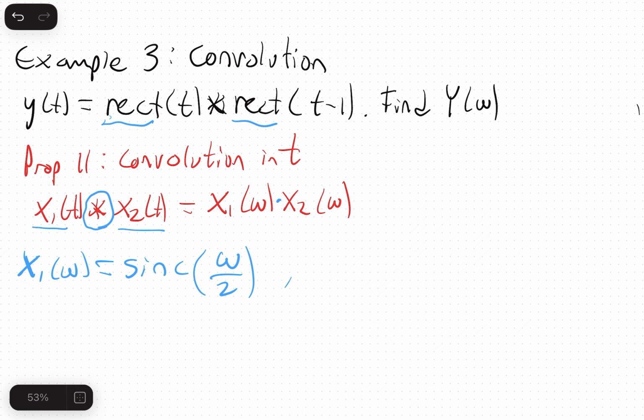And then if we're looking to find x2 of omega, this will be sinc of omega divided by 2. But if you notice, there is a delay factor here, and this is the time shift property. We use the time shift property, right?